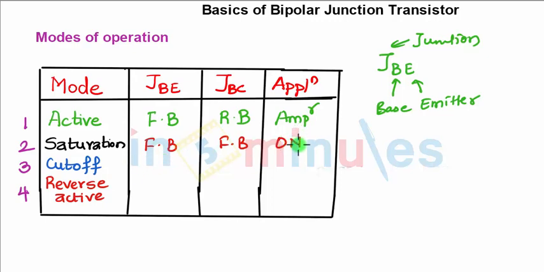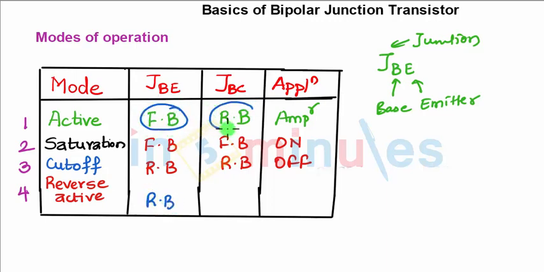So in saturation the transistor is completely on. In cutoff you are reverse biasing both the junctions, so the transistor is continuously off. And the last is reverse active, that is, JBE which was forward biased is now reverse biased, and JBC which was reverse biased is now forward biased, and this is used in integrated circuits.